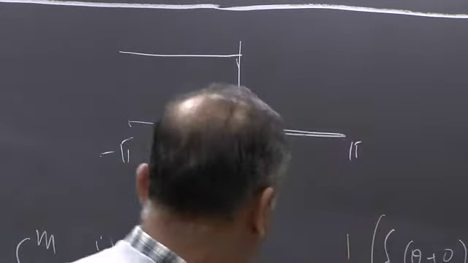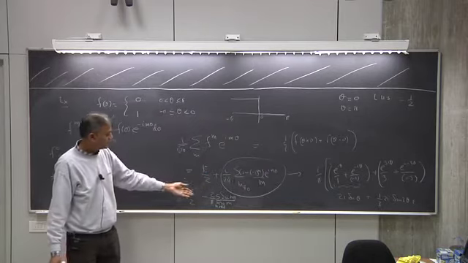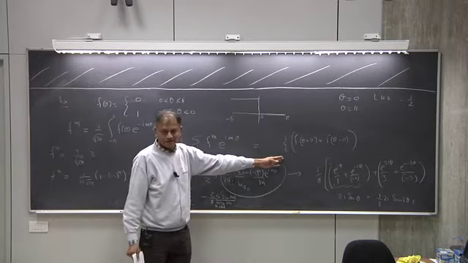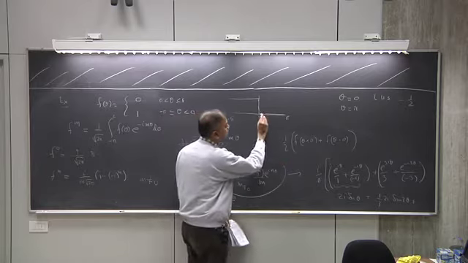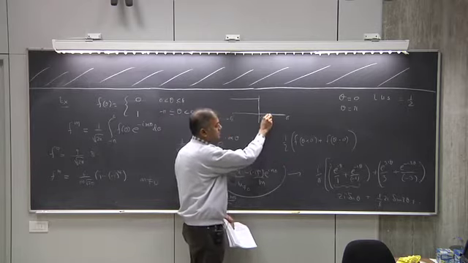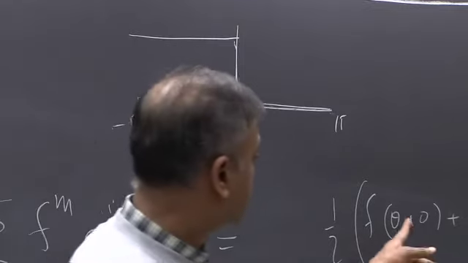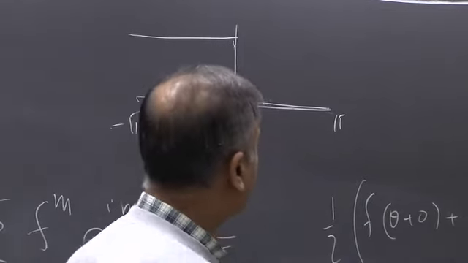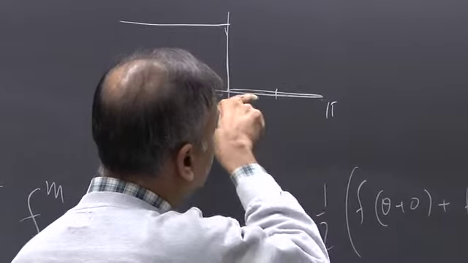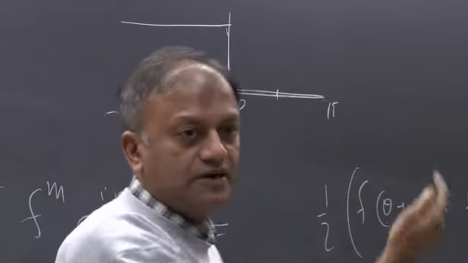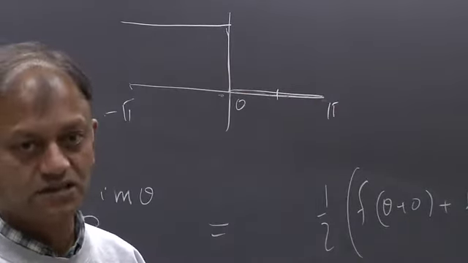But this must be true at all values of theta. This must be equal to that. Now if you take any point here, the function is continuous, I mean, f of theta plus 0 is the same as f of theta. Take any value theta here. Whether you come from here or from there, the limiting value of the function is the same, which is 0.